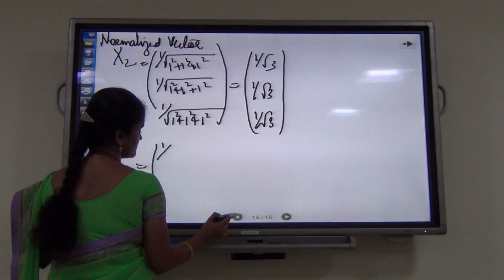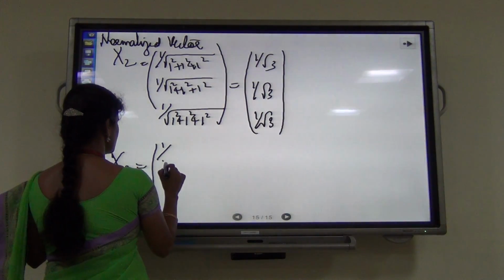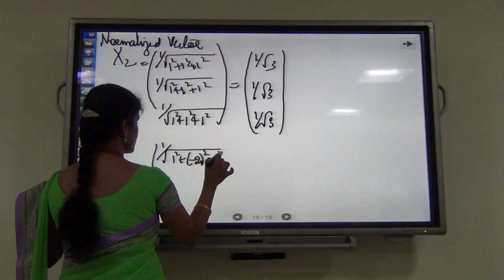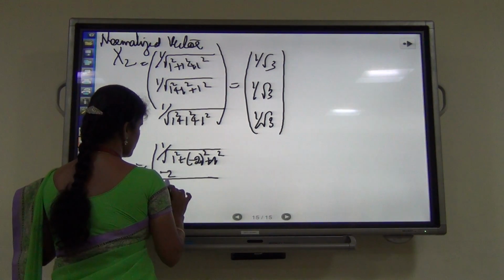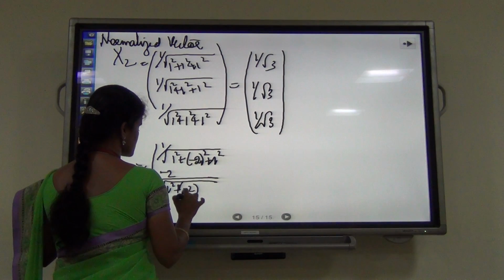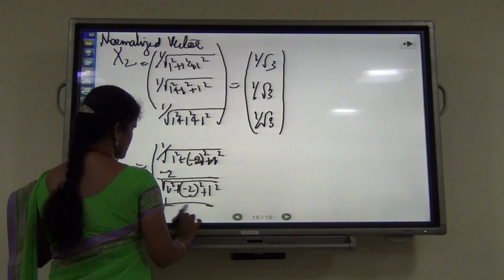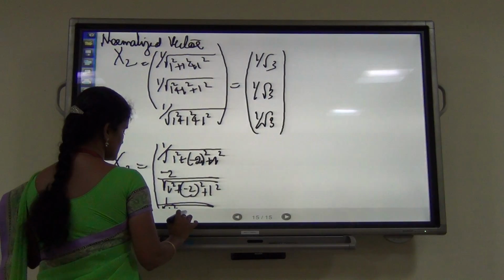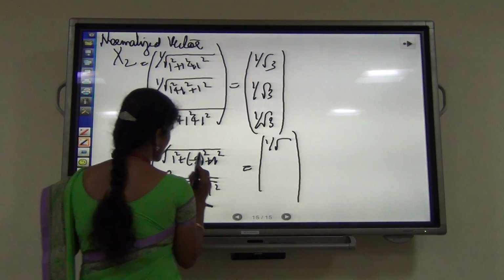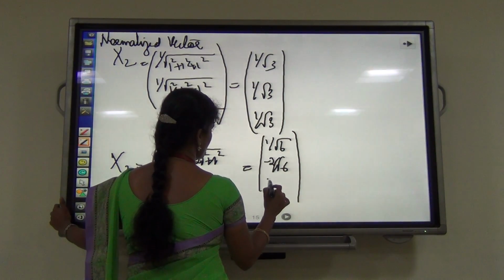Similarly, for x3, which is 1, minus 2, 1: 1 divided by root of 1 square plus minus 2 whole square plus 1 square, minus 2 divided by the same root, and 1 divided by the same root. So 1 plus 4 plus 1 gives root 6: 1 by root 6, minus 2 by root 6, 1 by root 6.